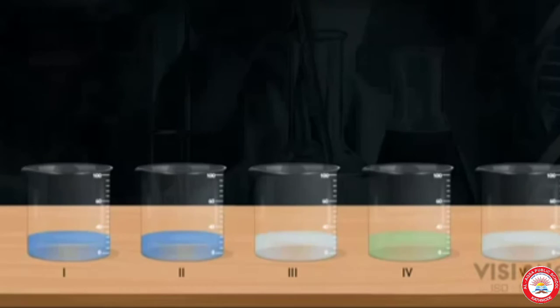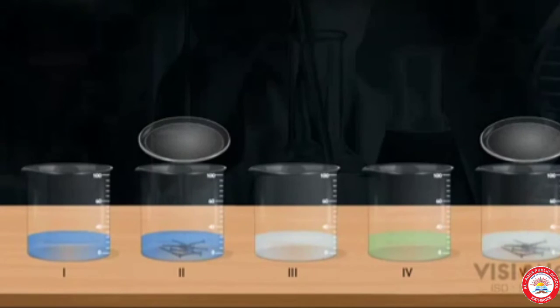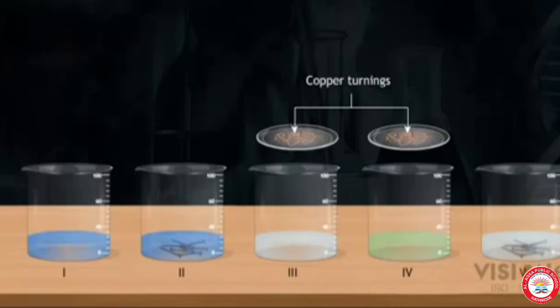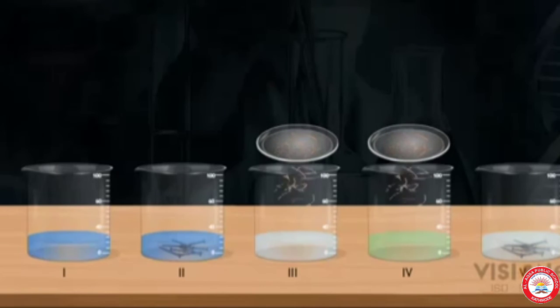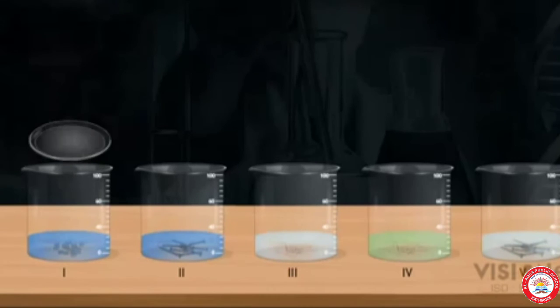After, we have to add iron nails in 2 and 5, copper turnings in 3 and 4, and zinc granules in beaker 1. Observe it carefully.